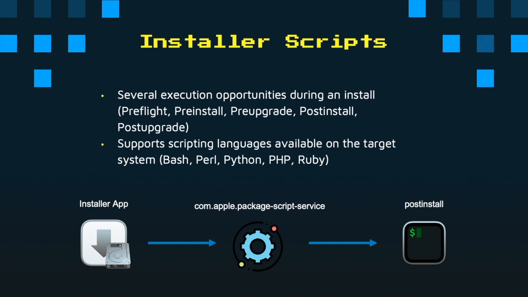It can be Python, Perl, PHP, Ruby, Bash, anything. I also learned recently that you can actually use a Mach-O binary in place of these instead and just have it kick off native code within that binary. Also, the package script service is actually responsible for kicking off any installer scripts that you include, so that's just something to note.